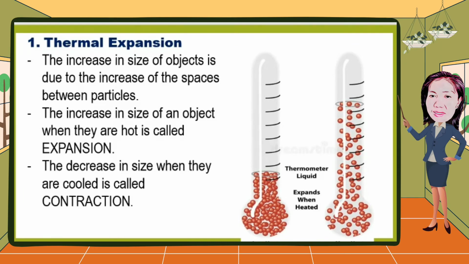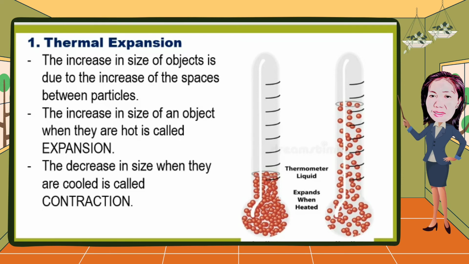So they will move in very slow motion. So they will have a lesser distance between particles and particles, so they will compress. So they will occupy a lesser volume. So they will stay on the bottom.